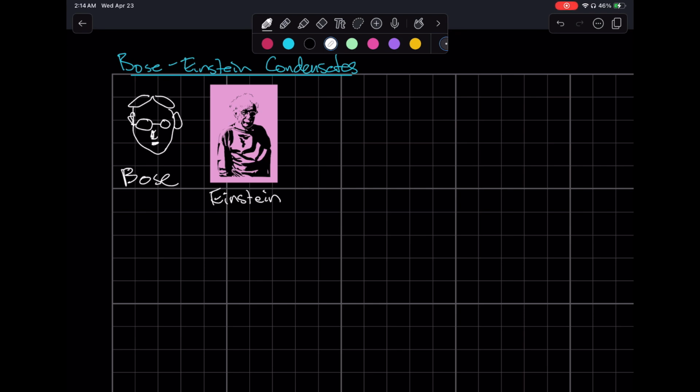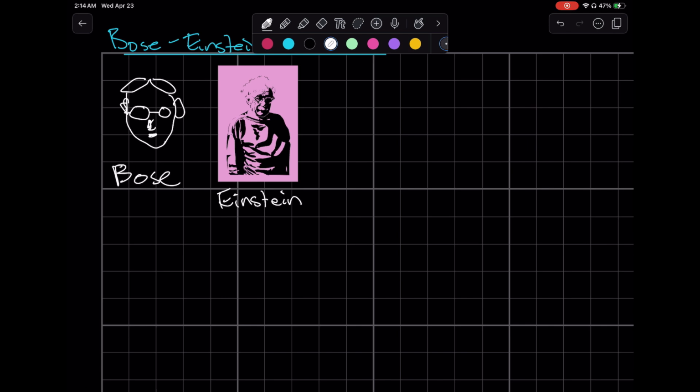So we're going to start by looking at the quantum energy levels that the atoms can occupy in this condensate. So we're going to imagine some helium-4 atoms. These are bosons, and they're confined in a cubic box of some side length L. And we can define the quantized energy level of each atom.